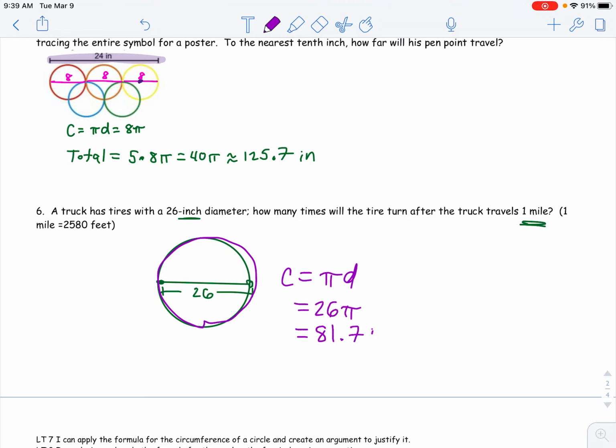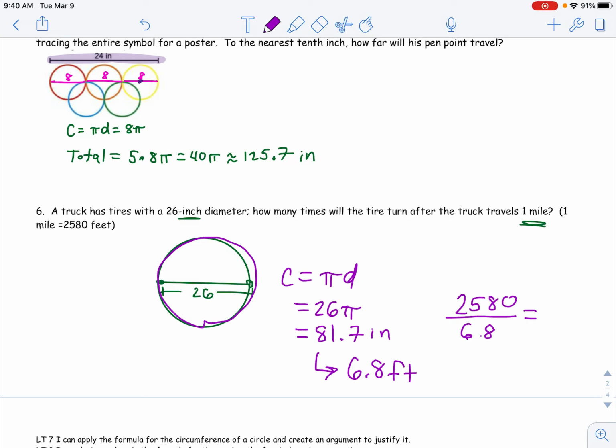81.7 inches. All right, that means in feet, I'm gonna divide it by 12, it's about 6.8 feet. It's actually 6.806784083, but I rounded a little bit. So if there's 5,280 feet in a mile, we're going to divide it by my 6.8 number.